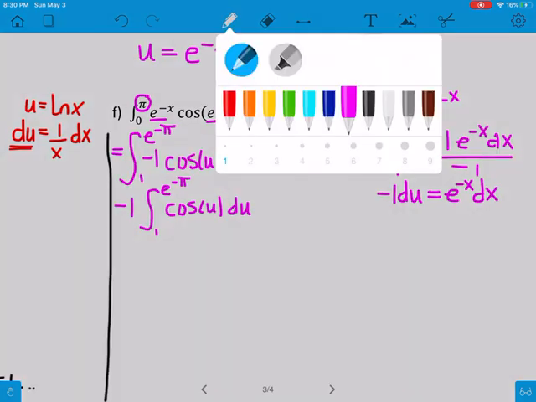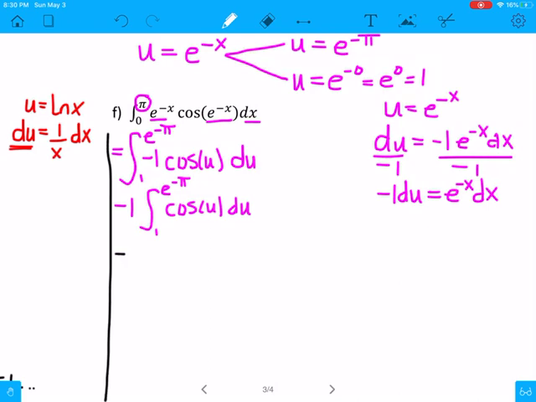And then I'm just going to do my fundamental theorem of calculus. So I have negative 1 square bracket. The antiderivative of cos u is sine u, because the derivative of sine u is cos u. So the antiderivative of cos u is sine u plus c, from 1 to e to the negative pi.